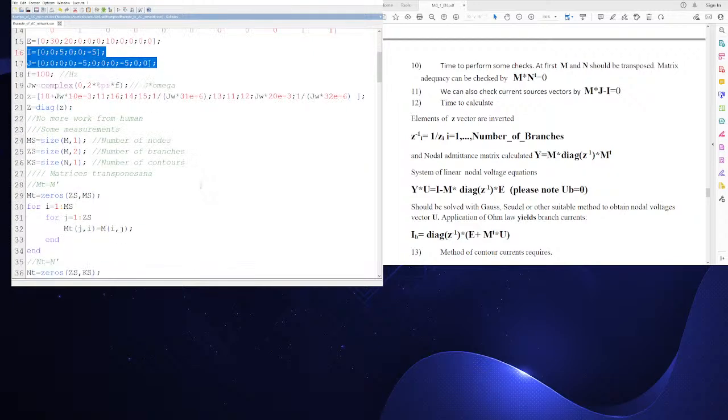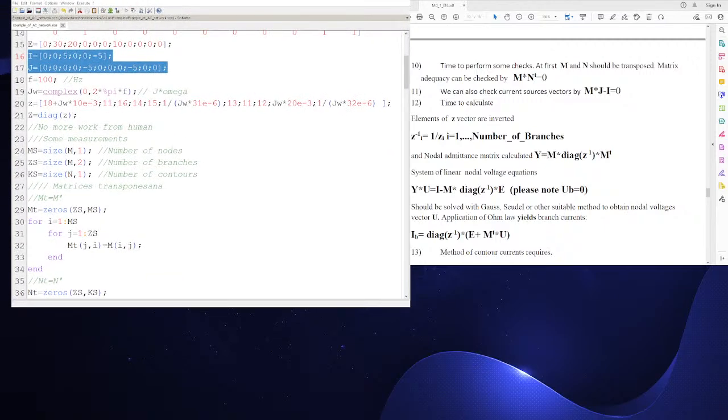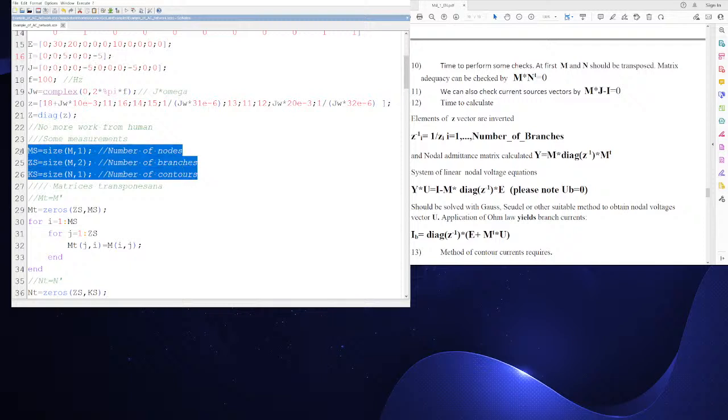Let's take a look at how it's done in the code. First, these three lines, to make this code reusable, I do a simple thing.